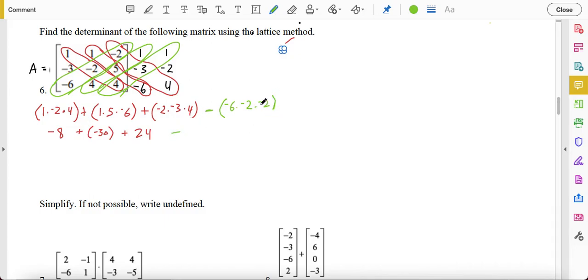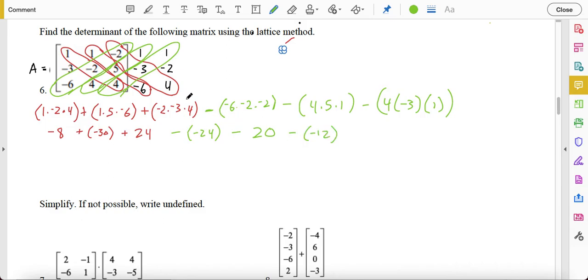That's minus, it's positive 12 times -2, so minus -24, which we know will turn into positive 24. Minus again, 4 times 5 times 1, so that's minus 20. And then the last one, minus 4 times -3 times 1, so that's minus -12.